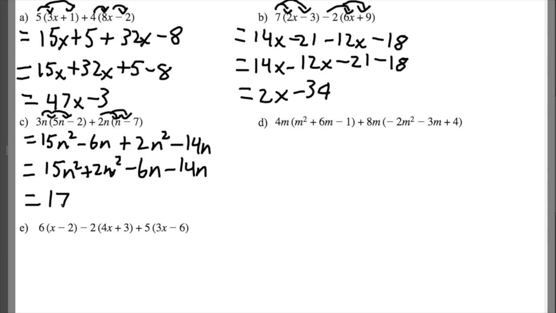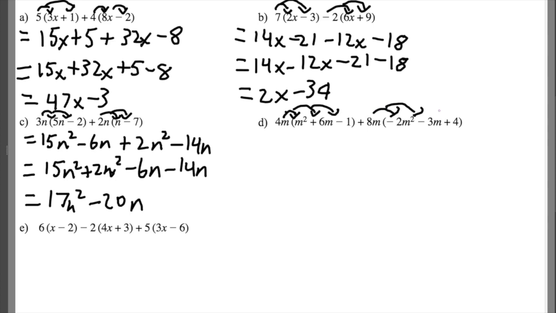For d, we'll have 4m multiplied to m squared, to 6m, and to minus 1. We'll have 8m multiplied to minus 2m squared, multiplied to 3m, and then multiplied over to 4.